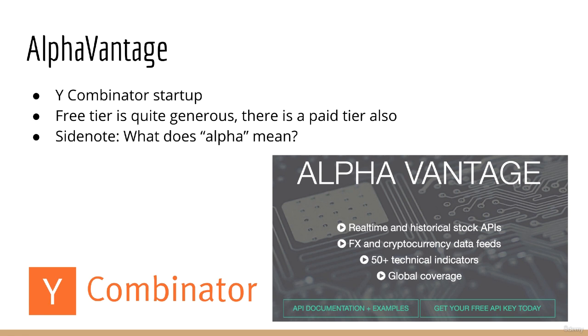Their API includes both historical and real-time stock prices, foreign exchange, cryptocurrency, and more. Now pay some attention to the name of this company. You'll see the word alpha used a lot in finance. I think this is a nice tie-in to some of the concepts we will learn about later in this course.